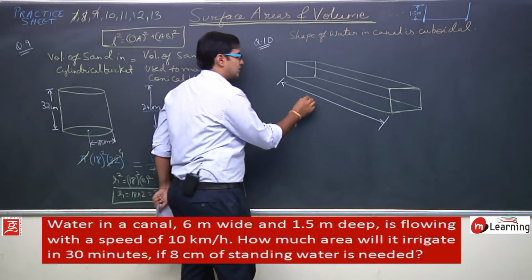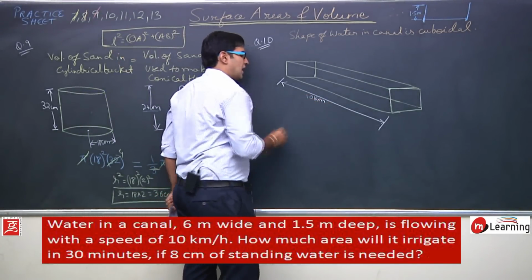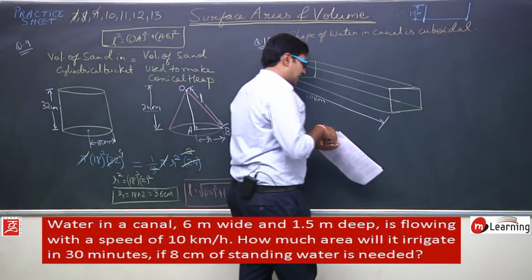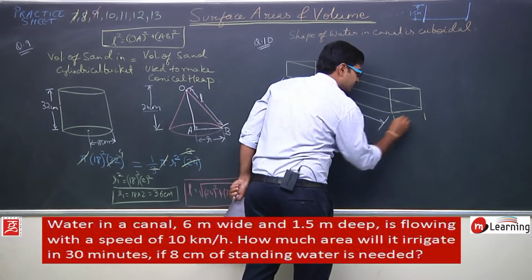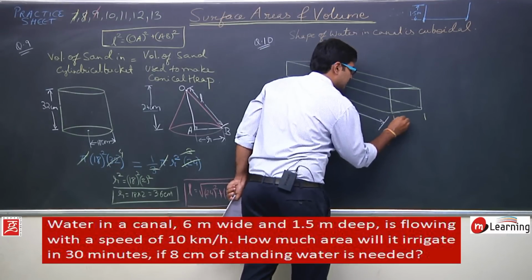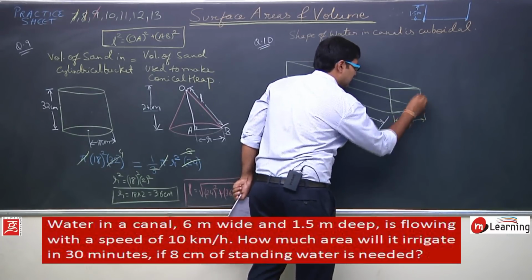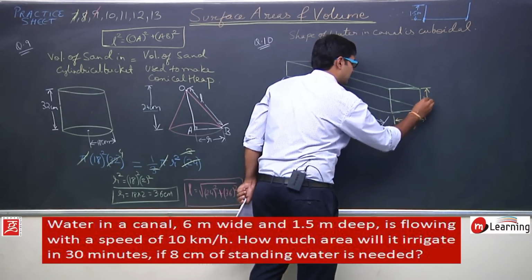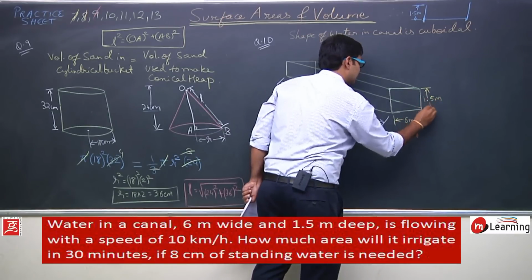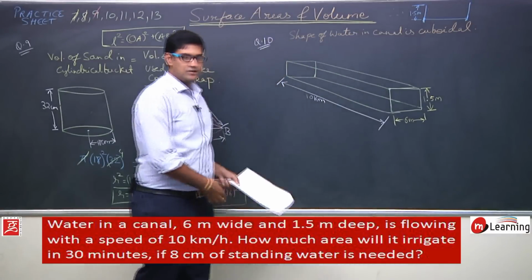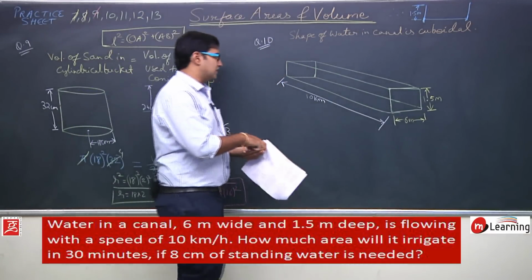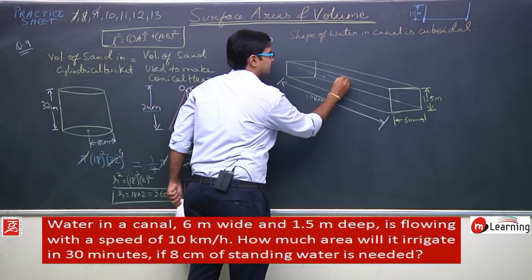This is 10 kilometers, the width of the canal is 6 meters, and the height or depth of the canal is 1.5 meters. The water is flowing in this direction.